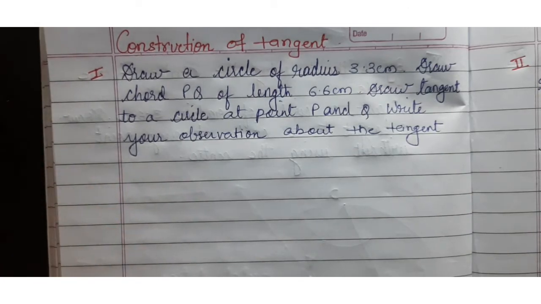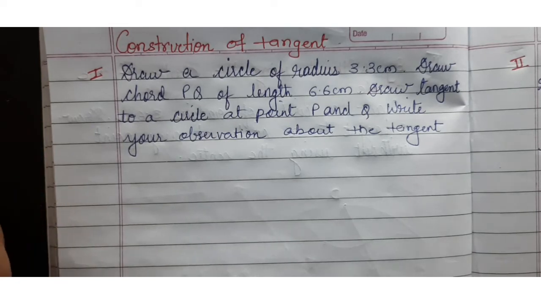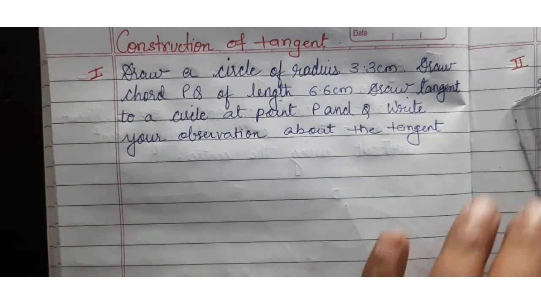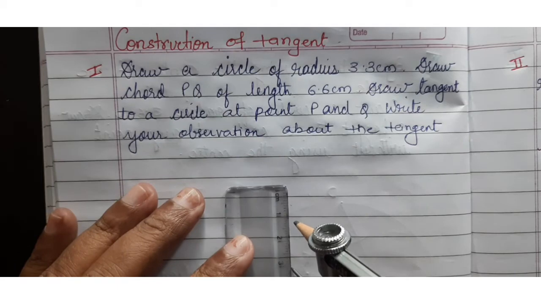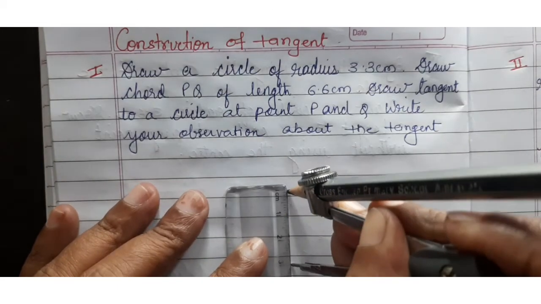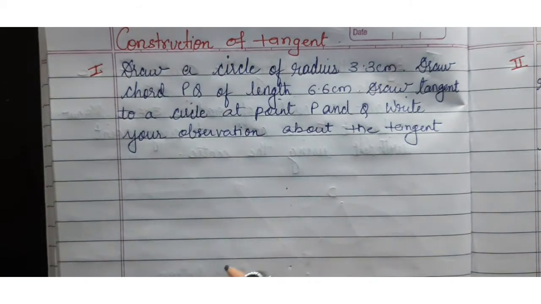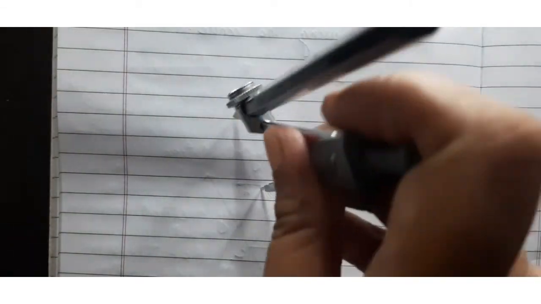So you can go with any one of the methods. So I'll go with the first method, where we have to draw the perpendicular to the given line segment. So very first thing I have to do is draw the circle of 3.3 centimeter. So 3.3 I'll be taking, after 3 points, I'll be taking the center, and I'll be drawing a circle.